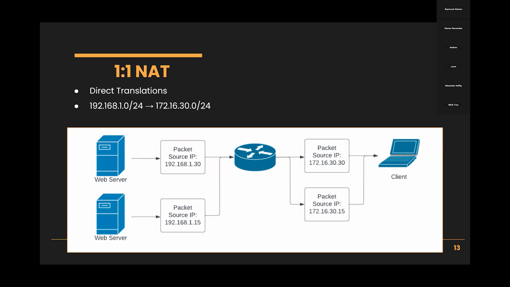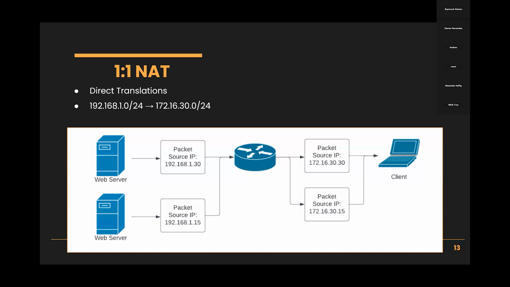So for instance, if you're a client and you want to access the web server, you can just go to 172.16.30.30. You could use a one-to-one NAT translation instead of a one-to-many translation if you want to have multiple services on the same port.